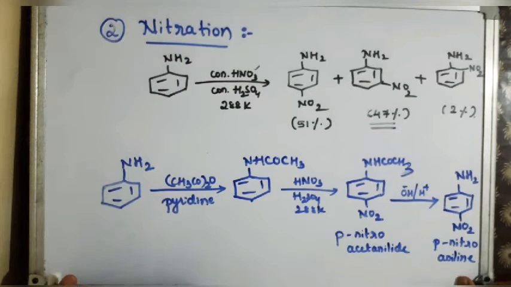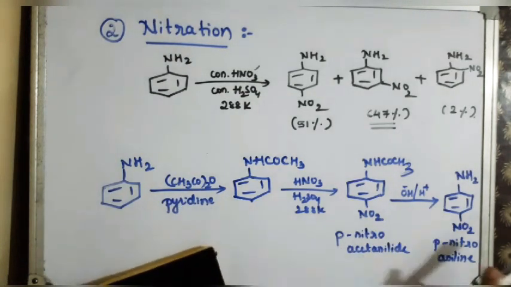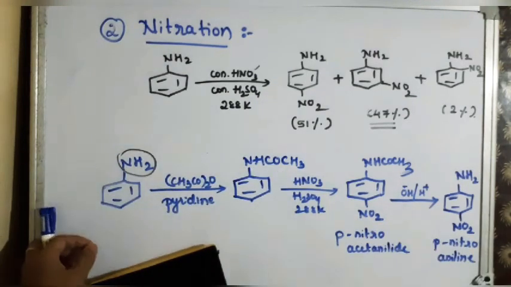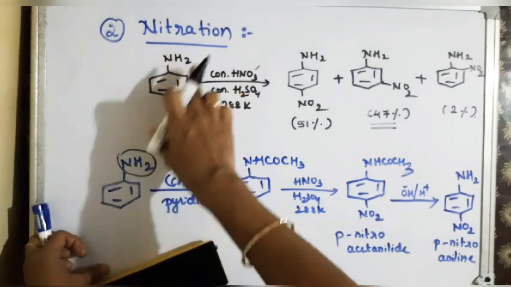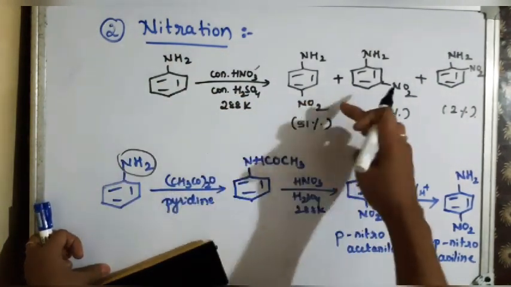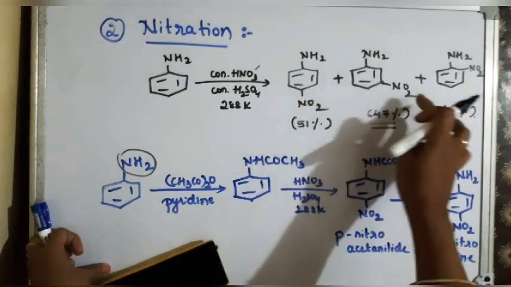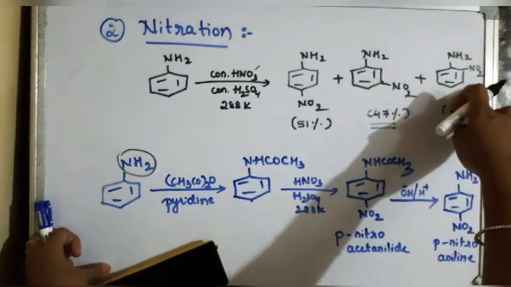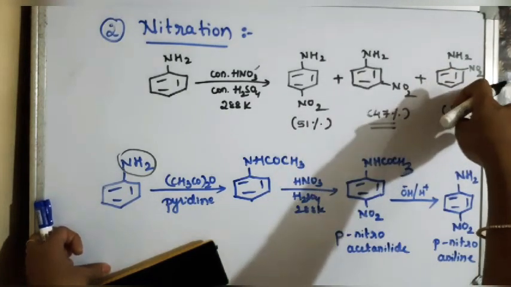So to get mono-substituted anilines, we have to first protect the NH2 group by doing acylation. I repeat, nitration of aniline results in the formation of a mixture of para, meta and ortho-nitroanilines with some oxidation products.